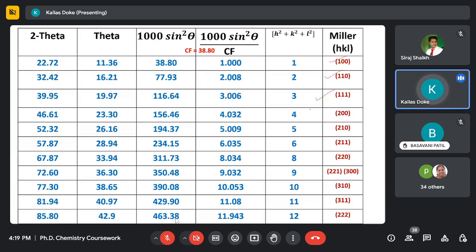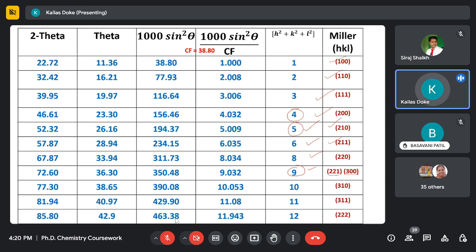Similarly for 8, 220. Here for 9, there are 2 possibilities of Miller indices, 221 and 300. 2 square is 4, 2 square is 4, 1 square is 1, so the total is 9. And 3 square is 9 plus 0 plus 0, that is also 9.